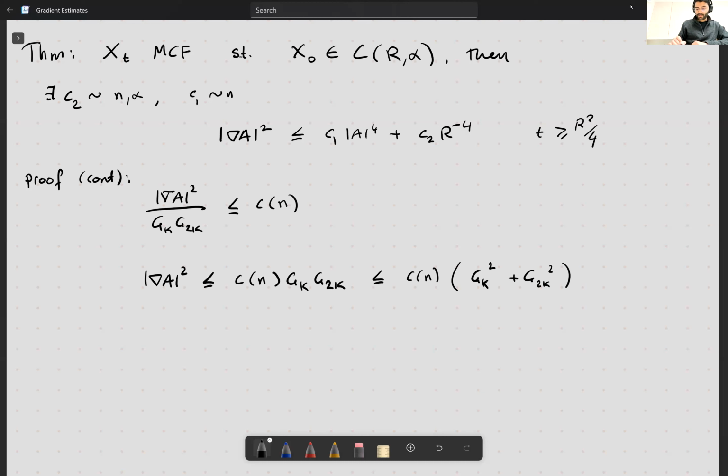And this G_K and G_2K involve terms that look like A to the power of 4, H squared A squared, or H to the 4, things like that, and a constant. All of these can be controlled by A to the 4, so all of these are less than or equal to some constant depending on n times A to the 4. This allows you to get an inequality of this form.